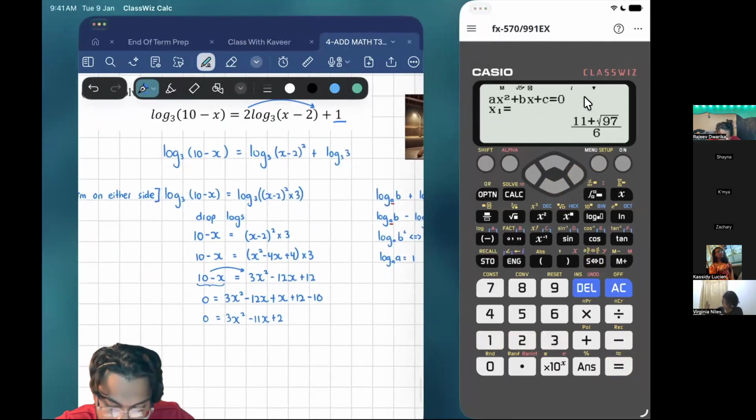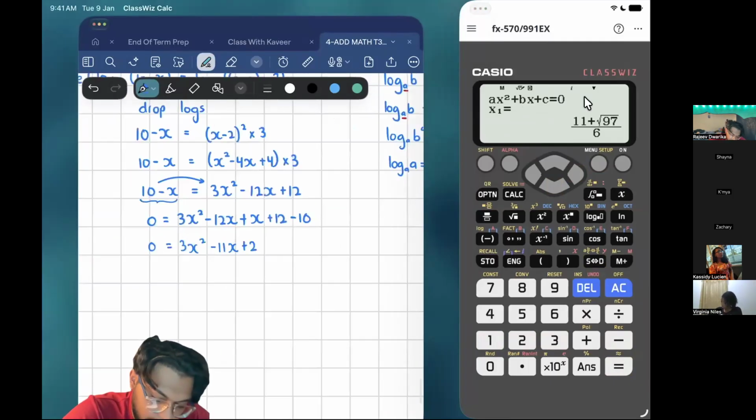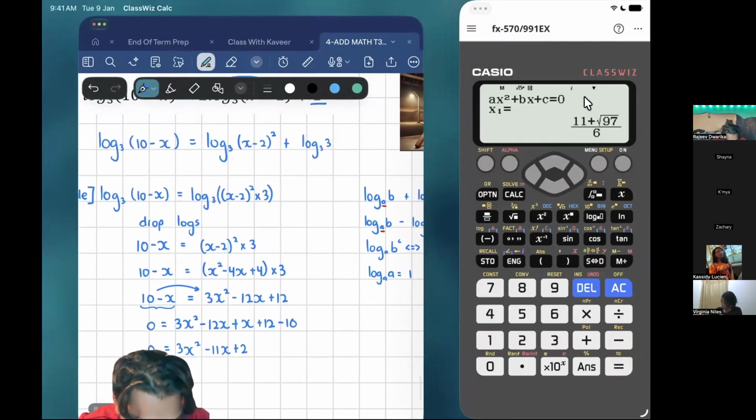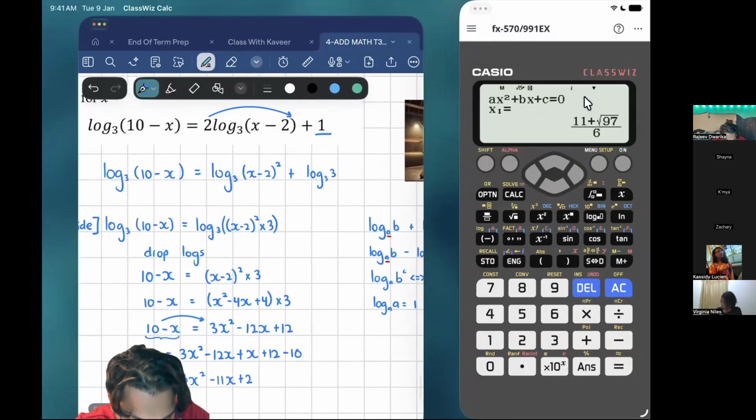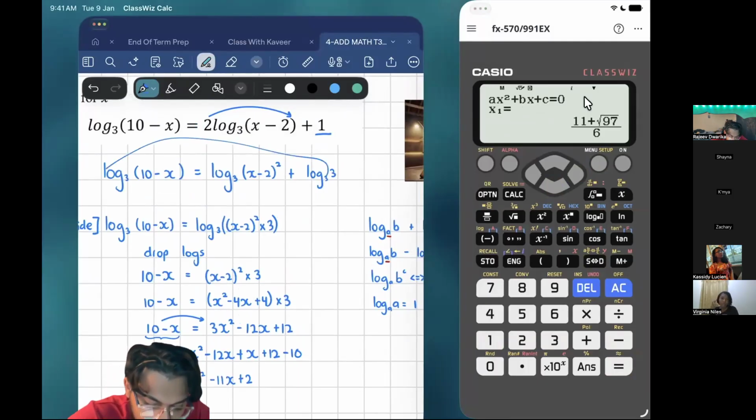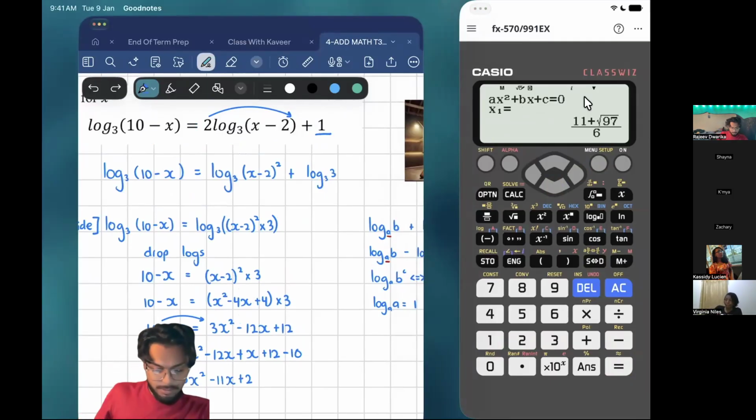Let me just make sure all the calculations are correct. We didn't make any mistakes here. That's x squared minus 4x plus 4 by 3, so 3x squared minus 12x plus 12, 3x squared minus 11x plus 2. Yeah, we good.